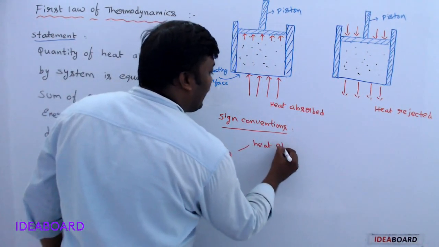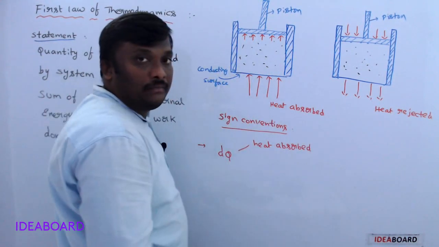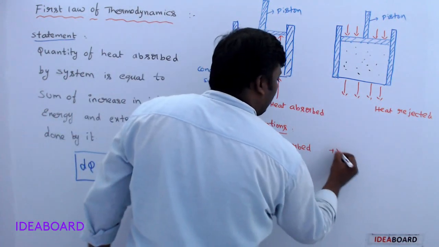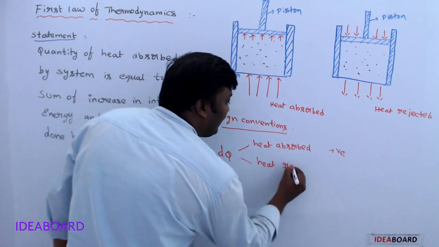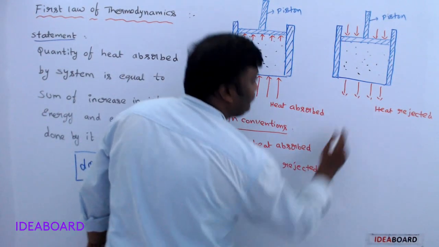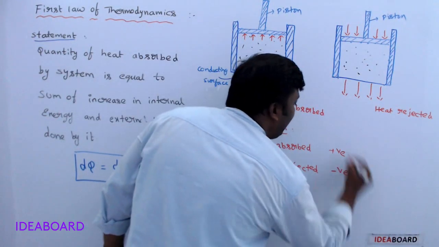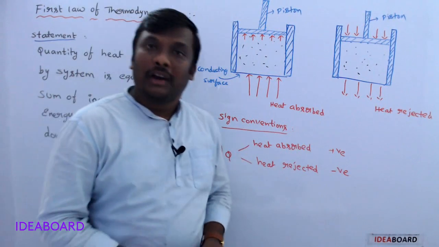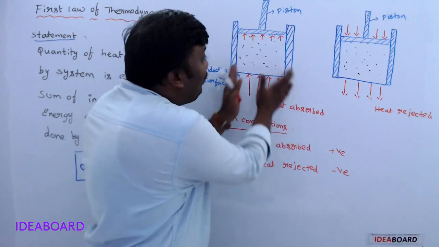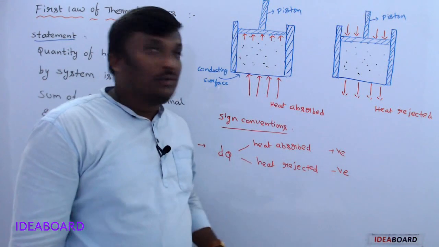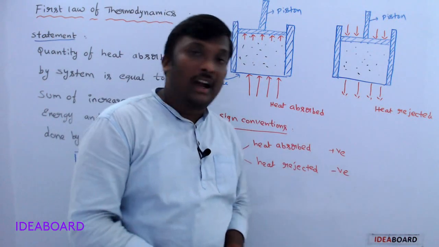If heat is absorbed by the system or given to the system, then dq is positive. If heat is rejected by the system or given out by the system, then it is taken as negative.